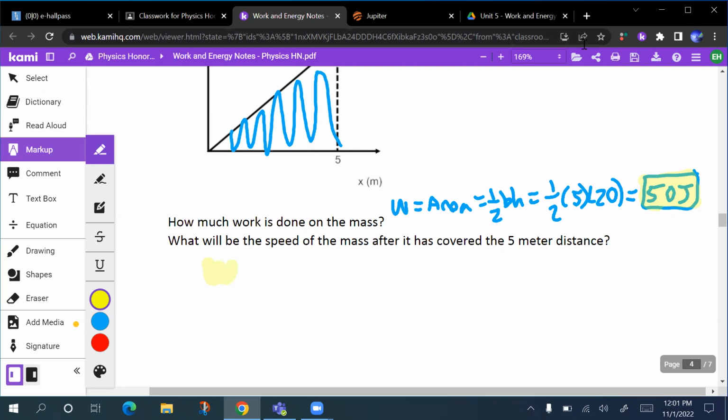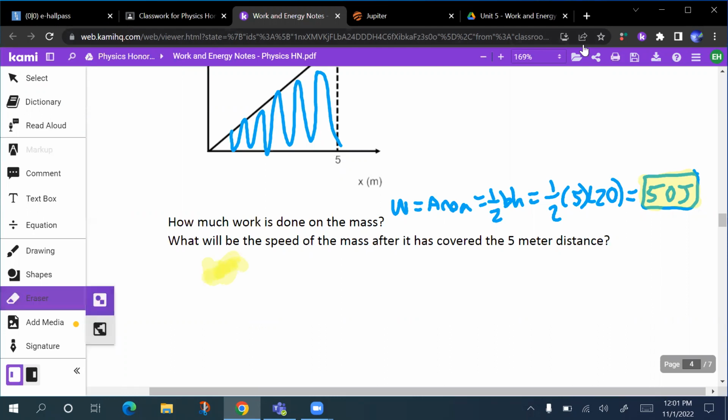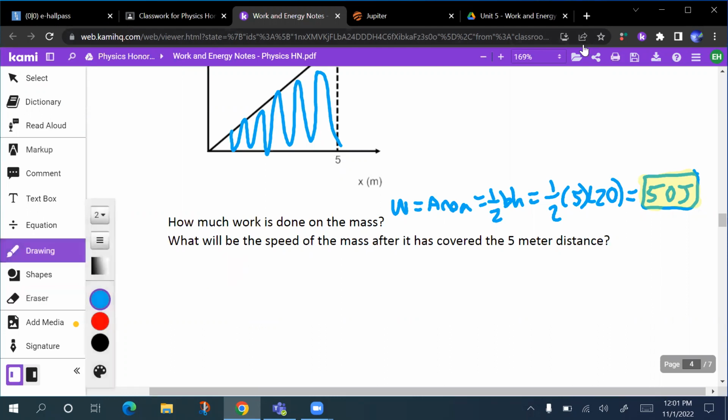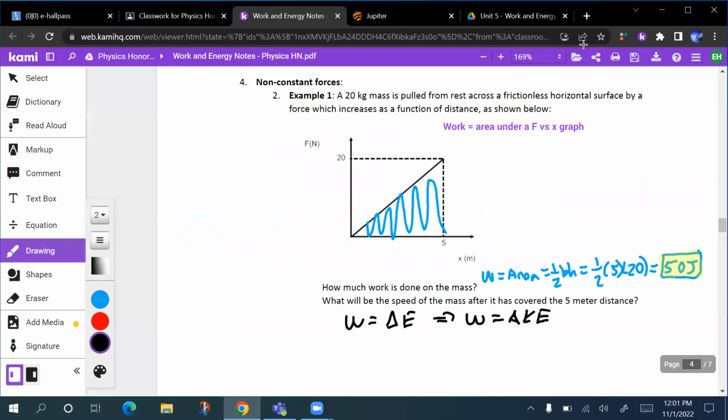So work is equal to a change in energy. So in this case, a change in kinetic energy. So work done is equal to a change in kinetic energy.